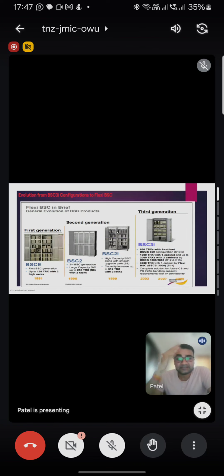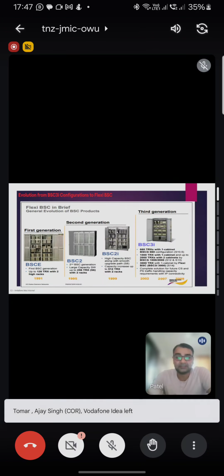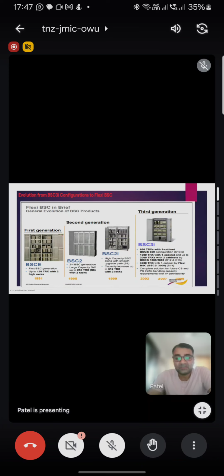Okay, but in the second generation, if we look at the BSC, its capacity is around 512 TRX. And in the third generation, we have the high cap BSC and the flexi BSC also.